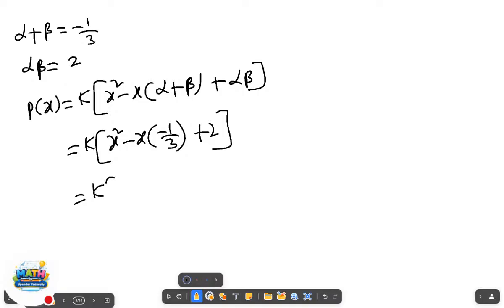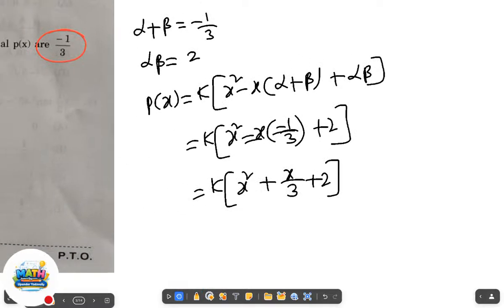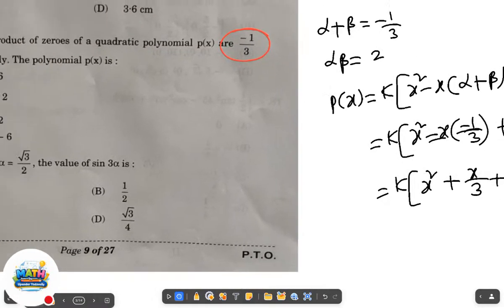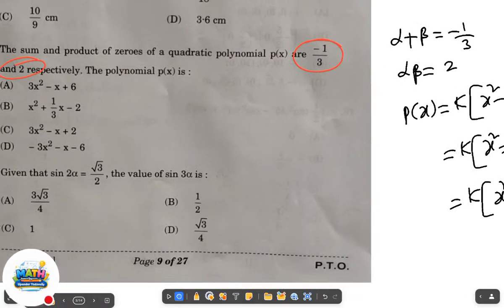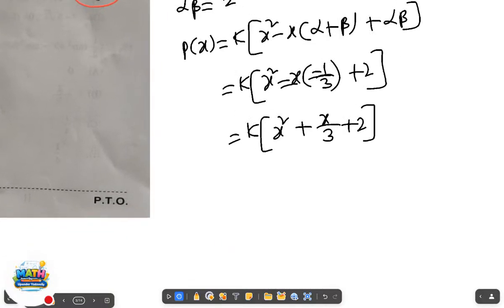So k of x square plus x by 3 plus 2. Do we have this option? Let's check. So we don't have this option.